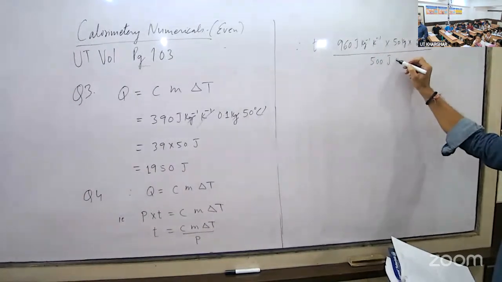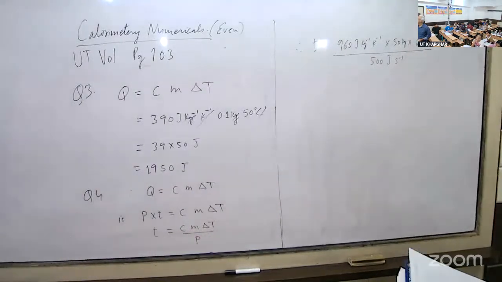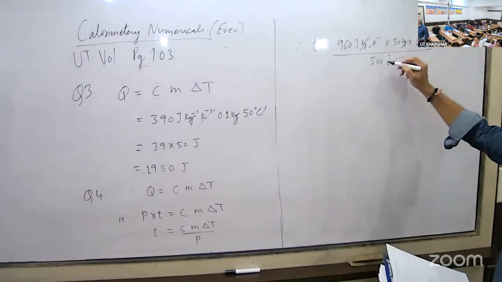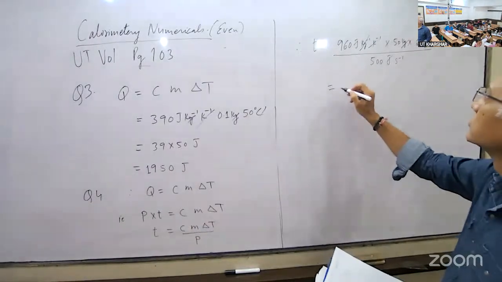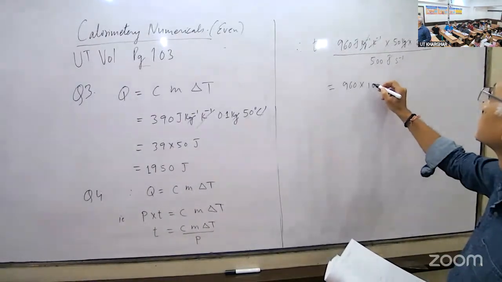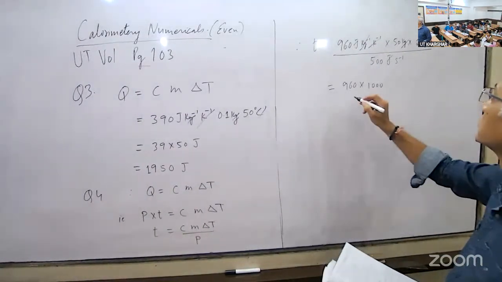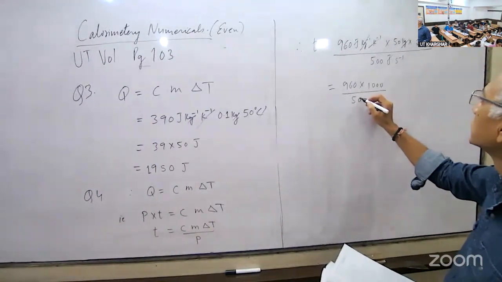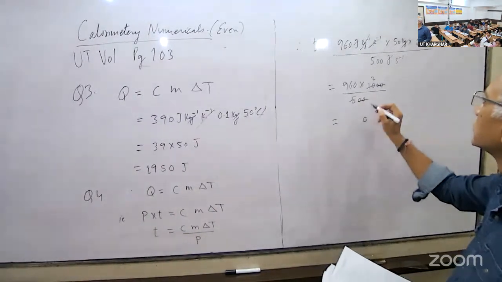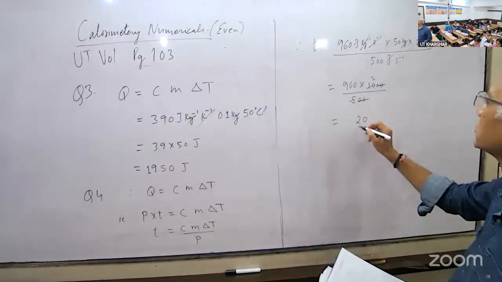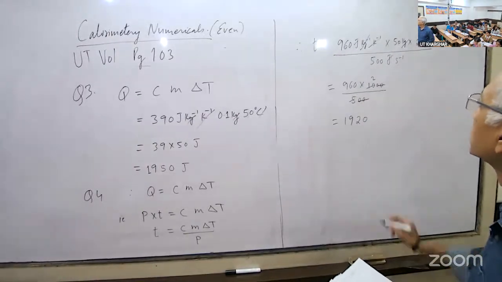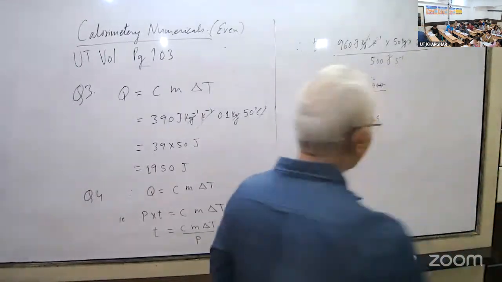Watt is joules per second. So it is 19-20 seconds.